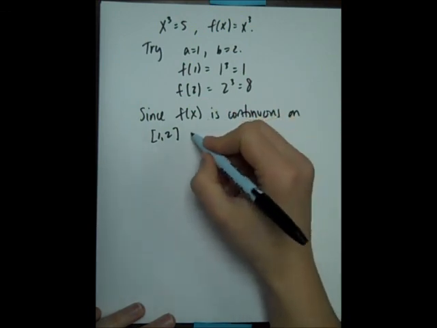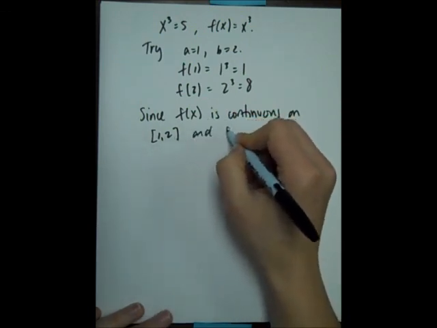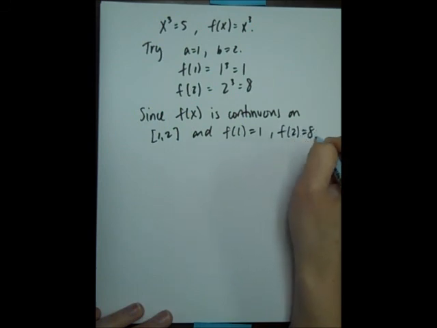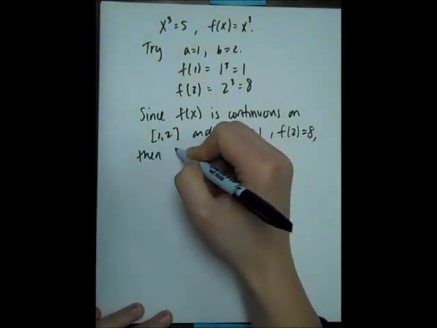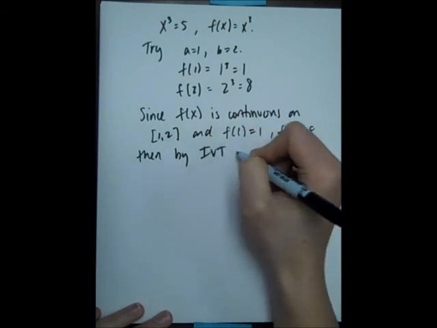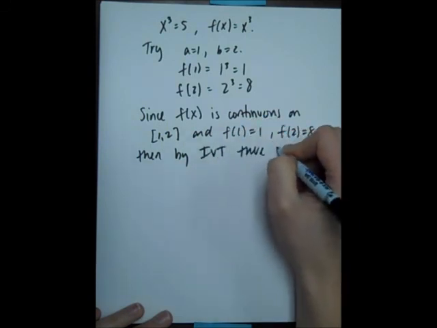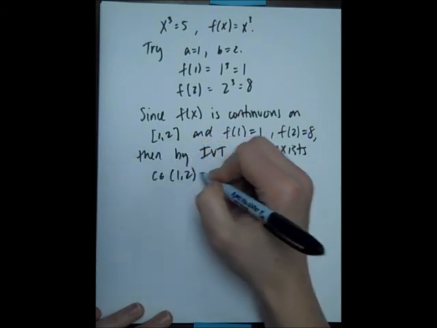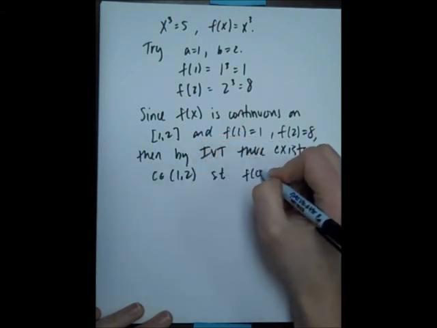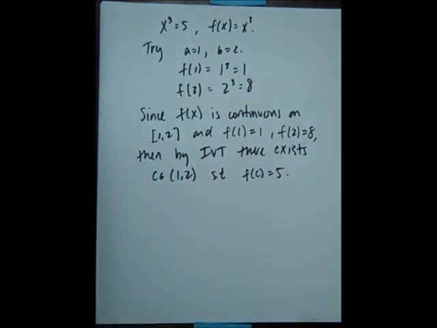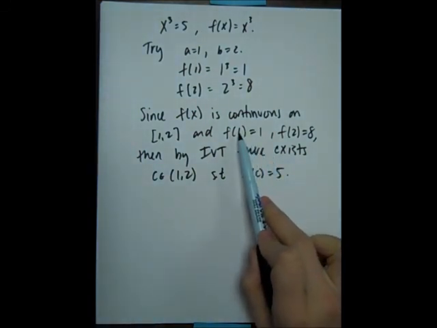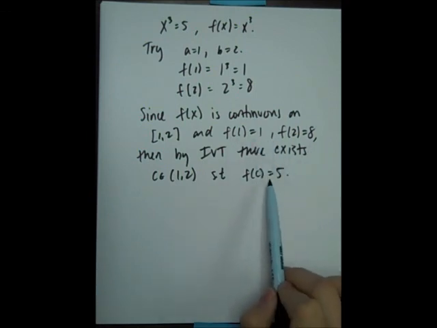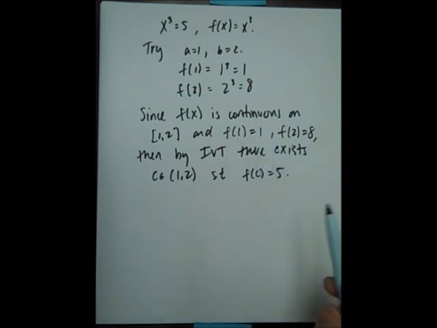So since it's continuous on that interval, and f of 1 equals 1, f of 2 equals 8, then by the intermediate value theorem, there exists some c between 1 and 2 such that f of c equals 5. So since I was able to find an interval where the corresponding y values were 1 and 8, there is a c value corresponding to 5.